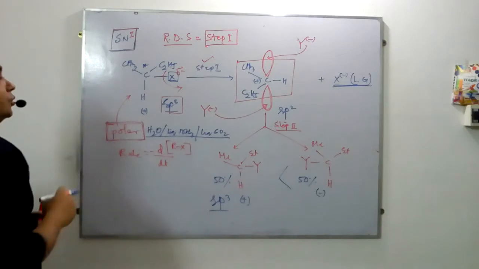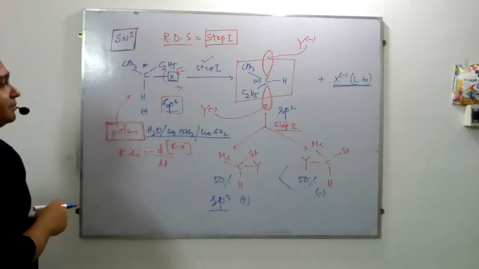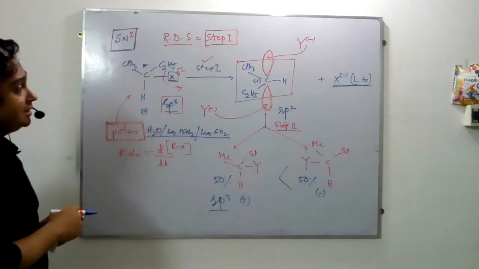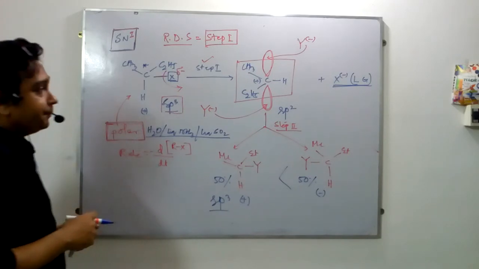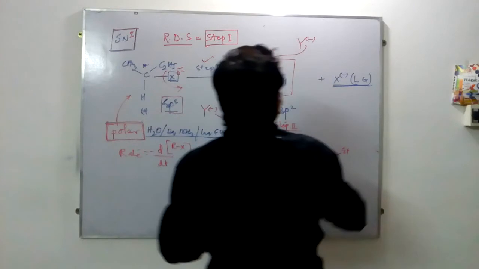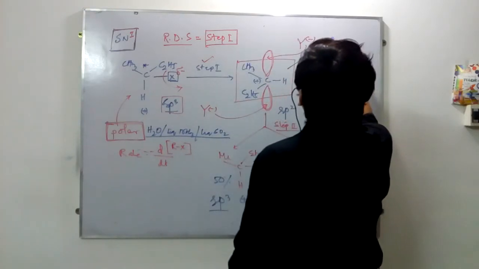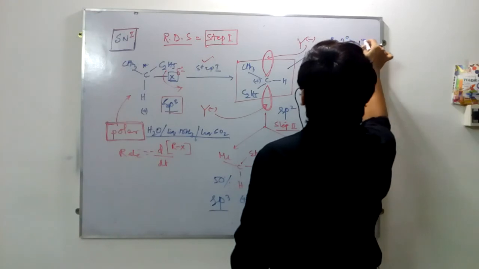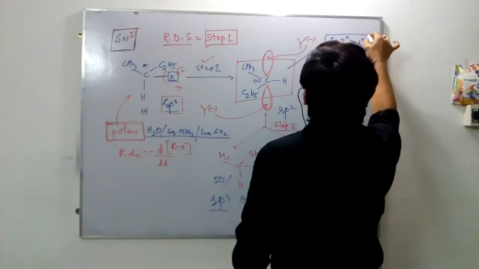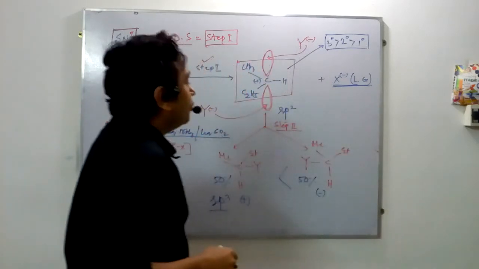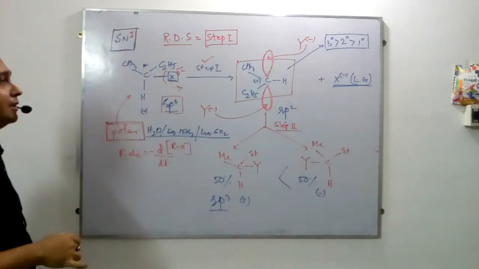Now we need to know that as the reaction proceeds via formation of a carbocation, the stability of the carbocation is very important. Regarding the classical carbocation, the stability order is 3 degree, 2 degree, 1 degree. 3 degree is the most stable regarding the concept of hyperconjugation. 1 degree is the least stable.